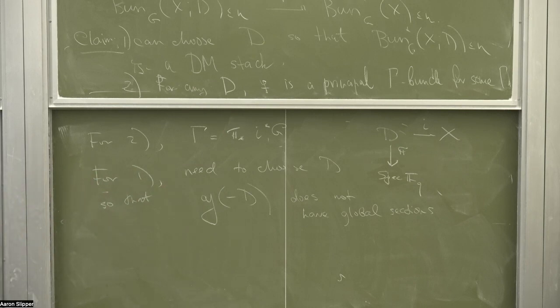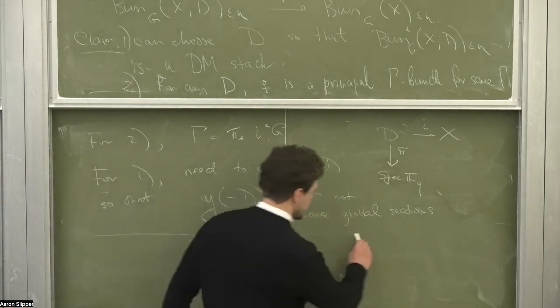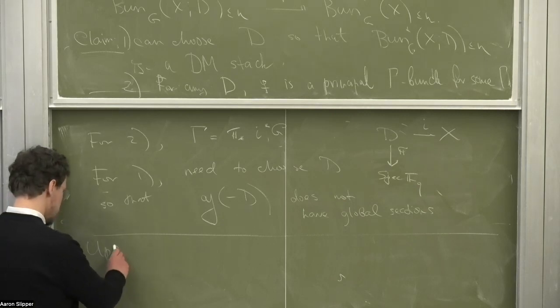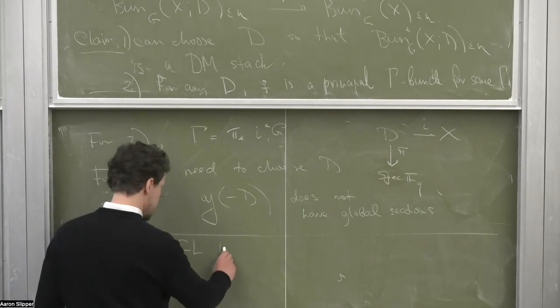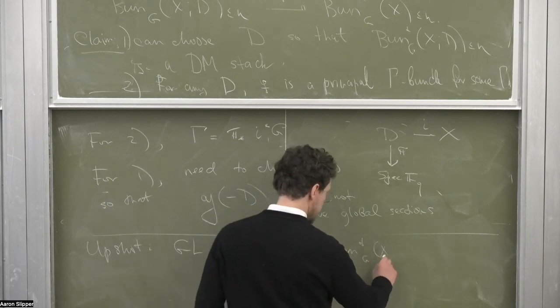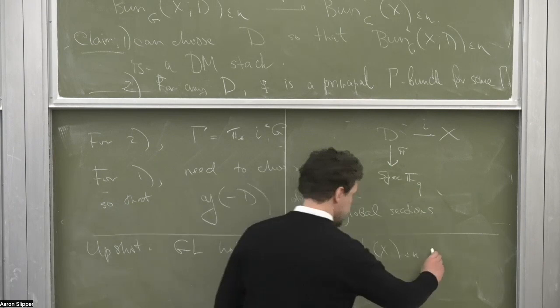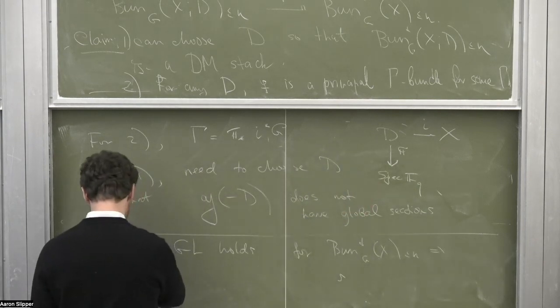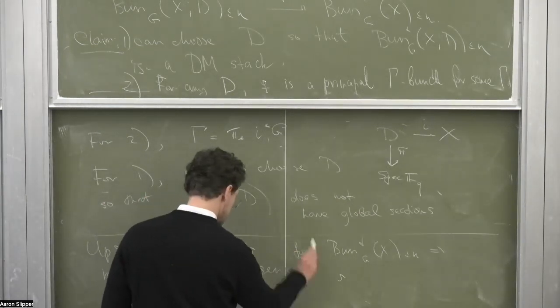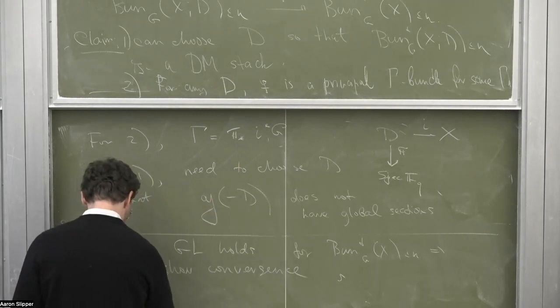So right, this is the construction. And then this gives the proof of Grothendieck-Lefschetz for BunG X less equal to M, and equal to N. And then we need to show convergence of its sum.